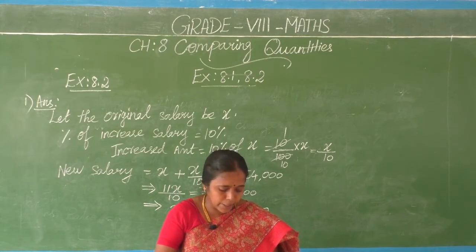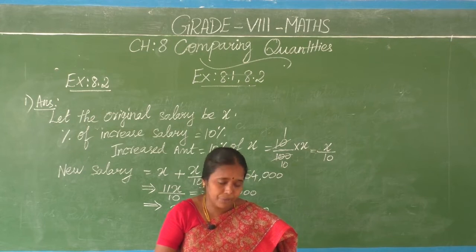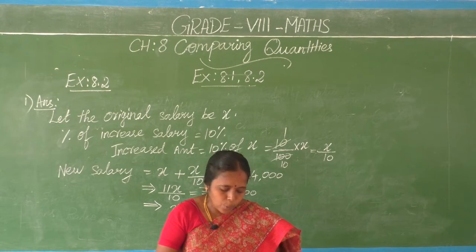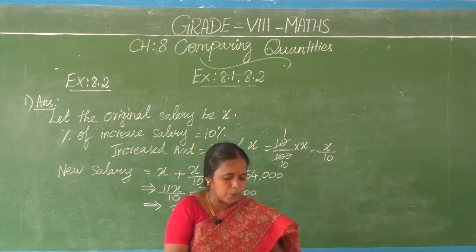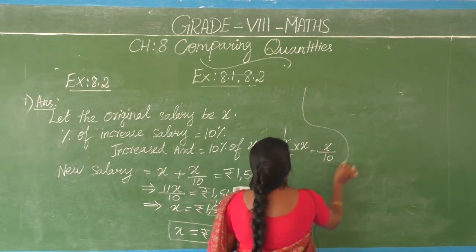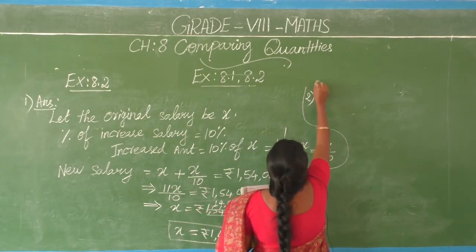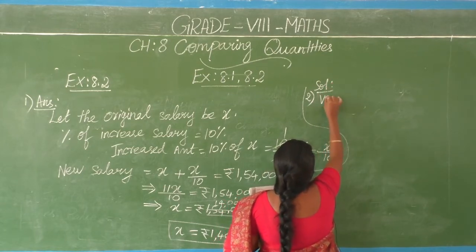See, again I am telling. On Sunday, 845 people went to the zoo. Sunday strength to the zoo, 845. On Monday, only 169 people went. What is the percentage decrease in the people visiting the zoo on Monday? So they are asking the decreased percentage here.